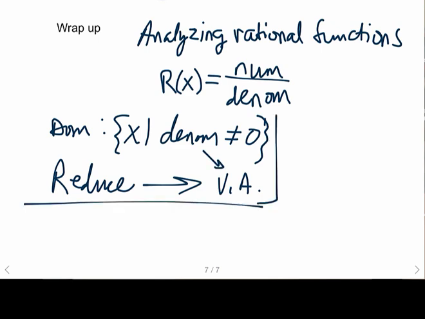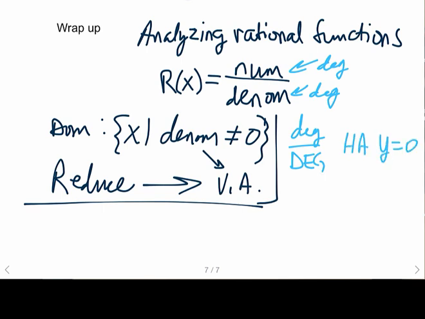After reducing, we look for the ratio of degrees. We look at the degree of the numerator and the degree of the denominator. If the degree of the denominator is bigger than the degree of the numerator, then we have a horizontal asymptote of y equals 0.